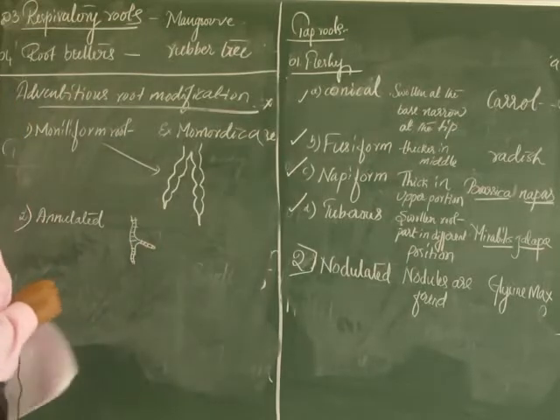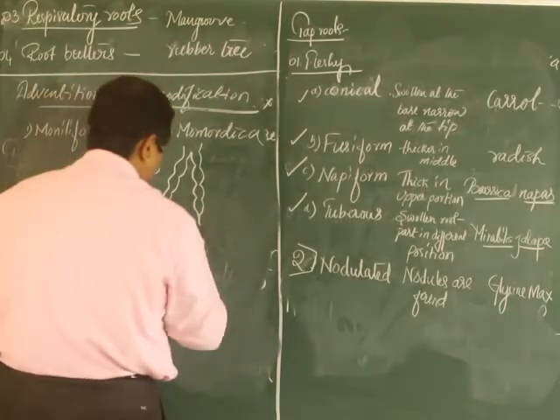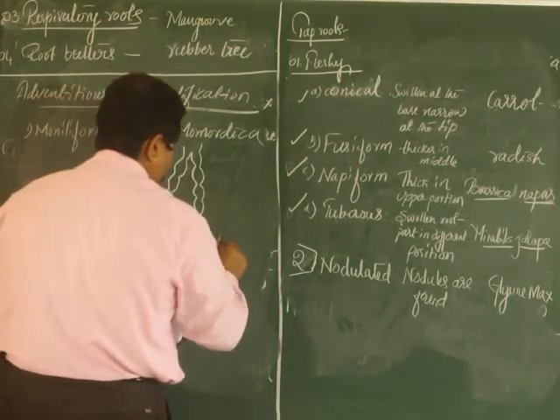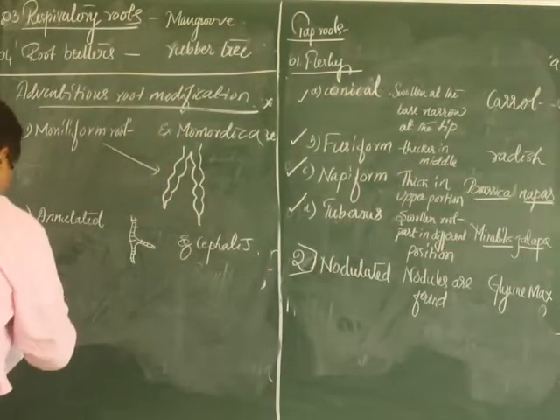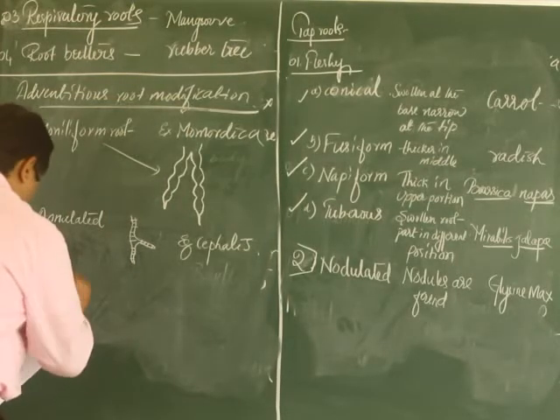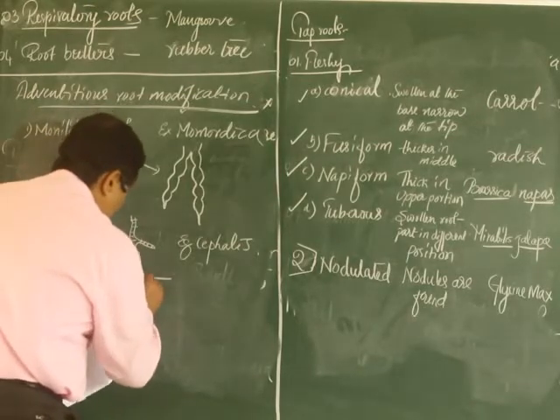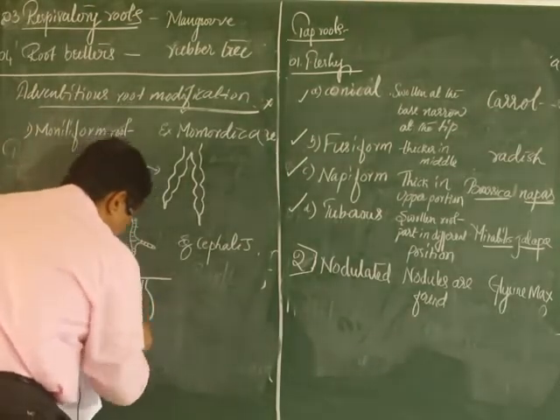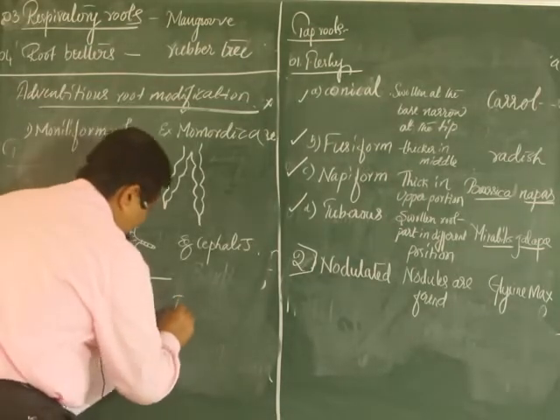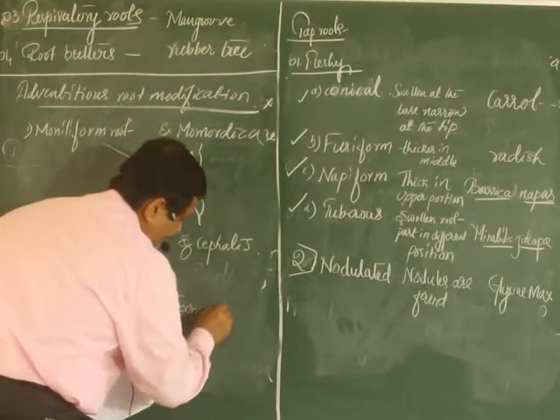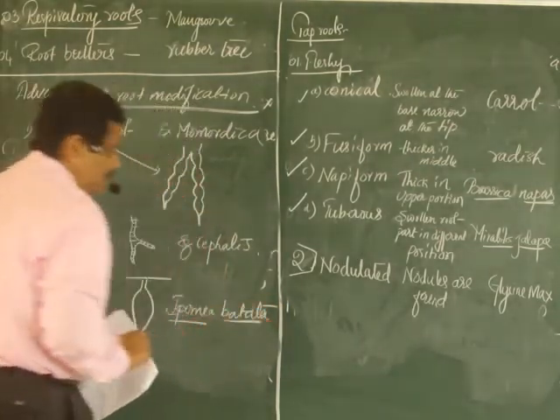Such roots are called annulated roots, and it is found in Cephaelis. Tuberous root. Here the roots are swollen in the beginning and narrower at the tip, and such roots are in Ipomoea batatas plant.